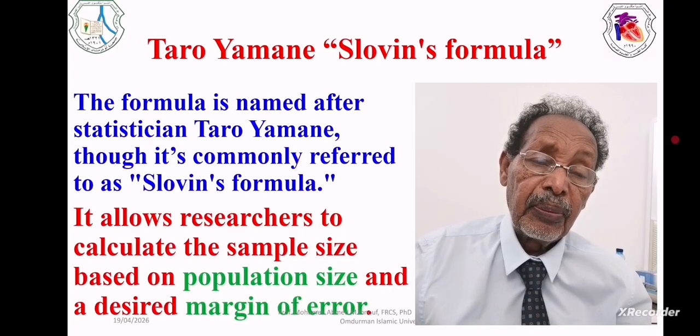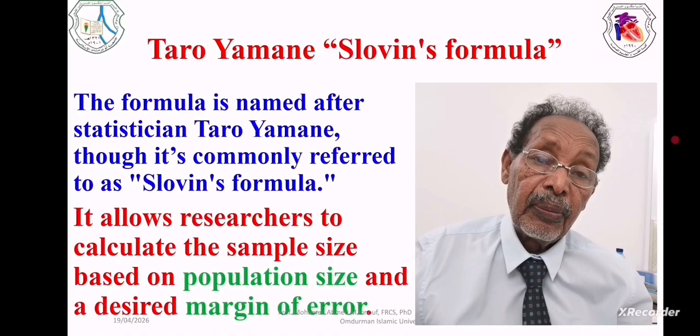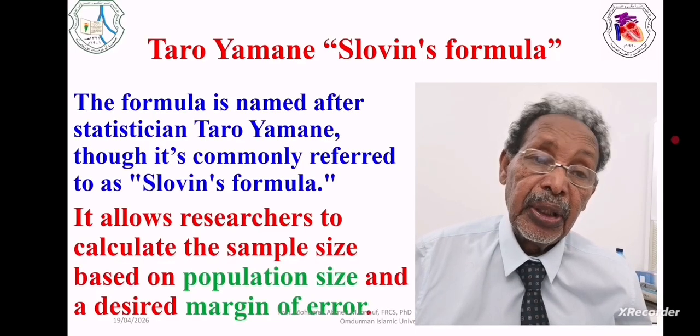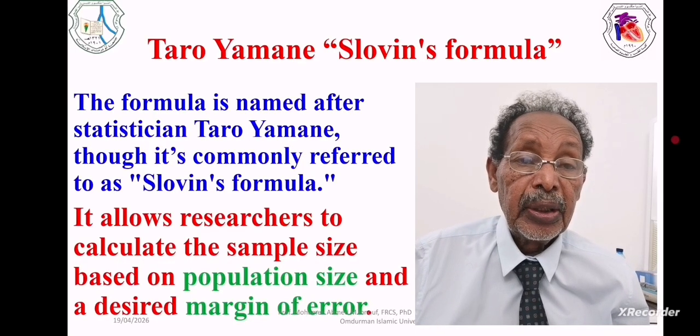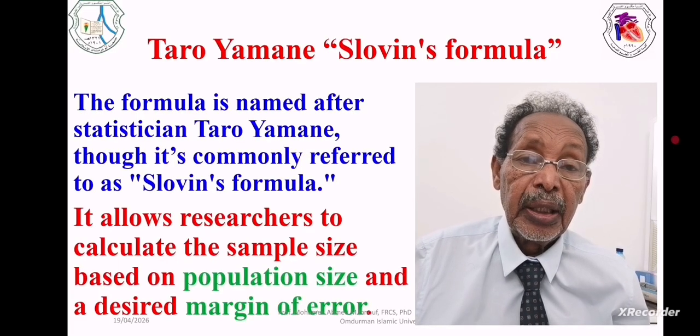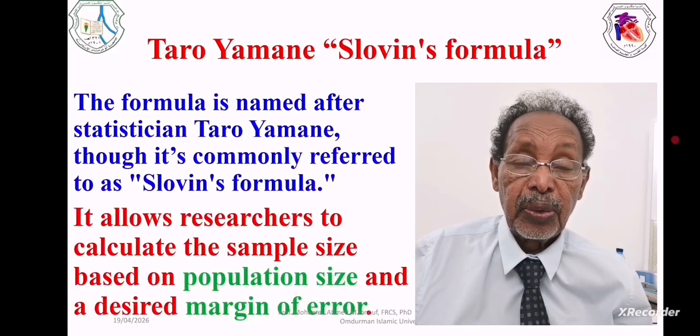This formula was invented by Taro Yamane, a Japanese statistician. But anyhow, the common name went on just like that, Slovin's formula. But if you write Taro Yamane formula, it is 100% correct as well.